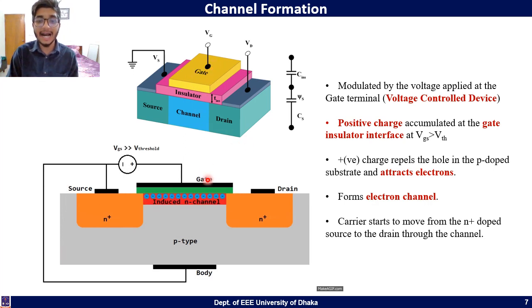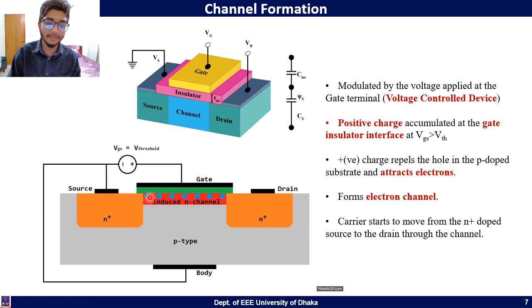Now let's see how the channel is formed in a MOSFET and what happens when we apply a bias or voltage at the gate terminals. Let's assume we applied a positive voltage at the gate terminals. As a result, a positive charge layer will be gathered at the metal and oxide interface. So this positive charge will eventually repulse the holes in the p-type substrate and attract the electrons from this substrate.